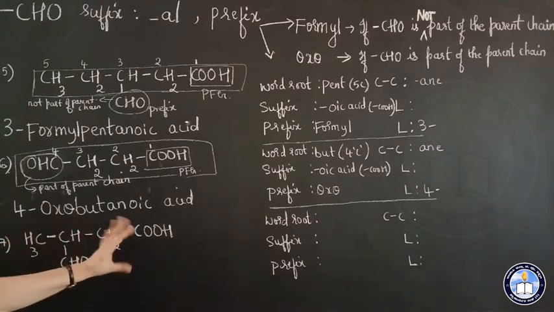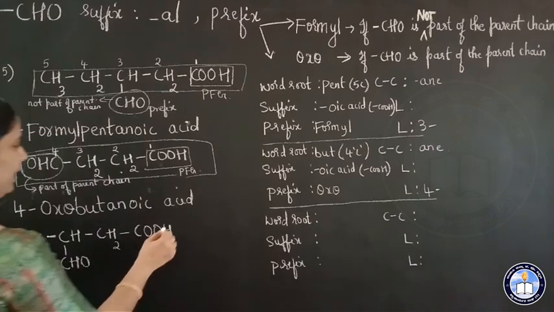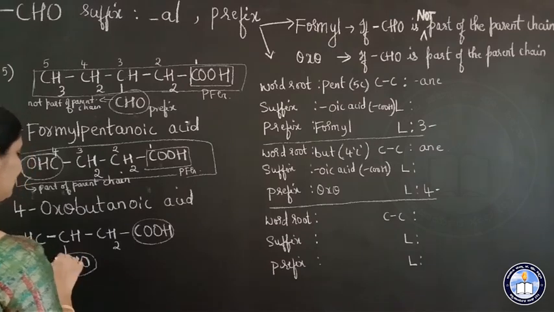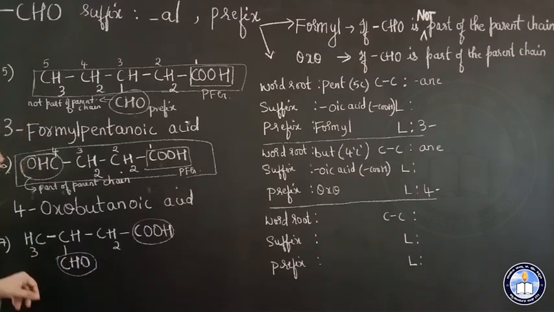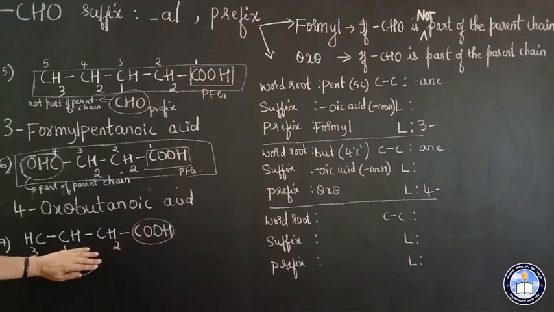Now coming to the next. See here, this is a branched chain. Similarly here two groups, COOH group and CHO group is present. So now how you select the parent chain? See now if I select this in this way, 1, 2, 3, 4, CHO group is excluded, isn't it?